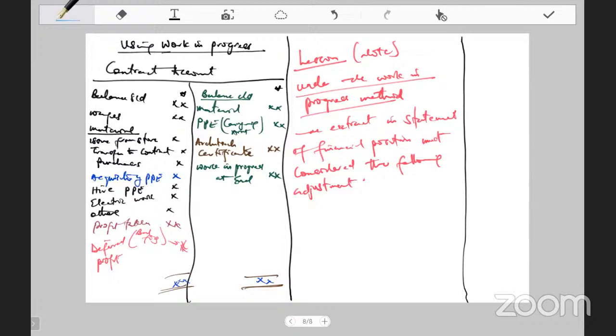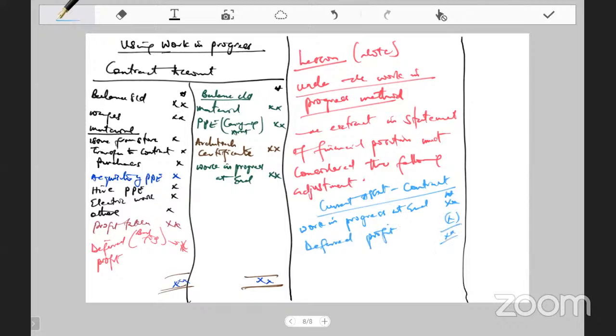Whatever goes into our current asset of the contractor must be adjusted as follows. My work in progress at end, whatever is the value, must be netted with what we arrive at as deferred profit. It is a rare occasion that you see this question, but in case you have it, you will get your full marks. Any questions so we can solve question 1?